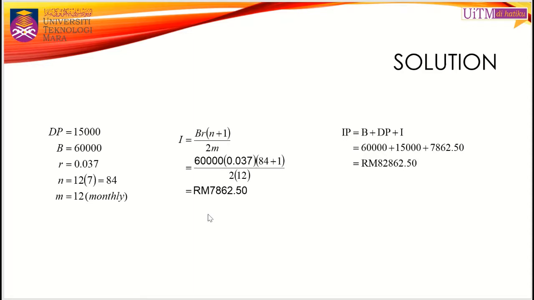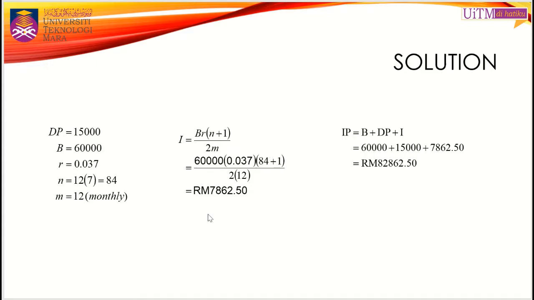The second part of the question asks you to find the installment price. Remember that before this we discussed there are three formulas that you can use to find the installment price. One of them is B plus DP plus I. Since we already have the value of B, the value of DP, and the value of I, you can directly use these values to find the installment price.